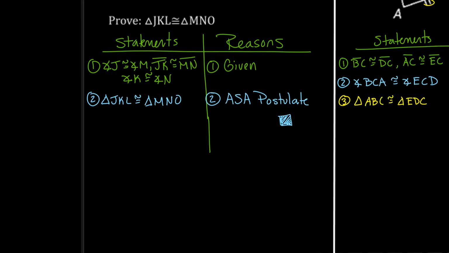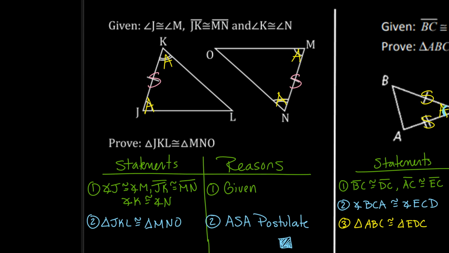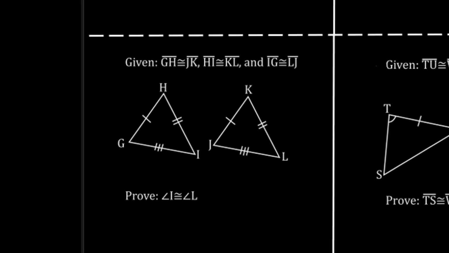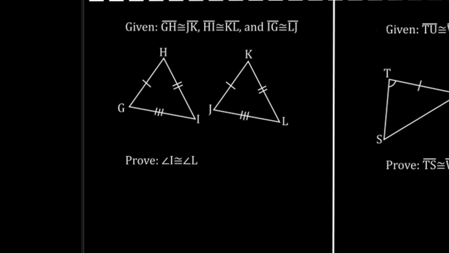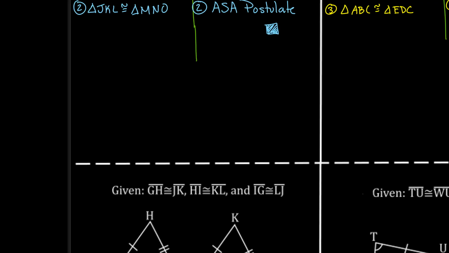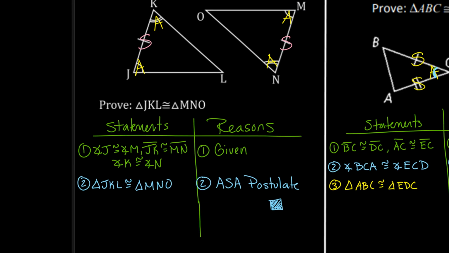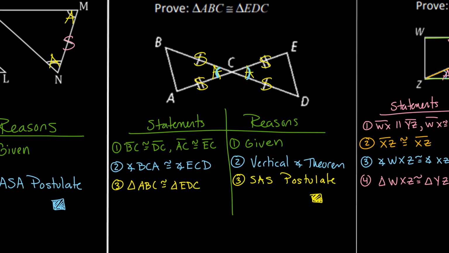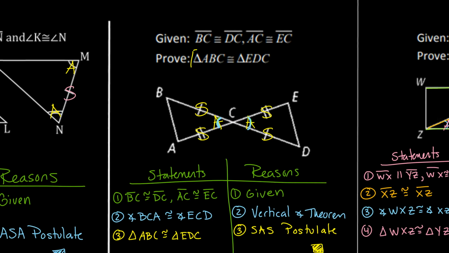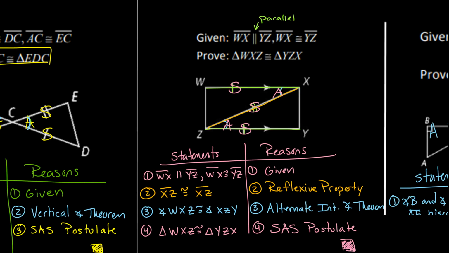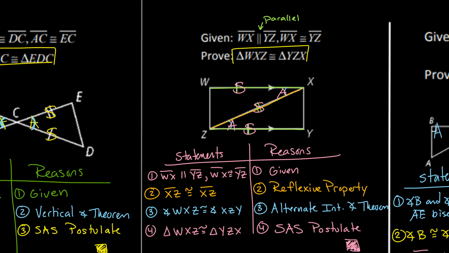It already marked it for us. I'll give you a hint. Look at what you're trying to prove. In all of the proofs from last class, what was it asking us to prove? We're asked to prove triangles congruent.